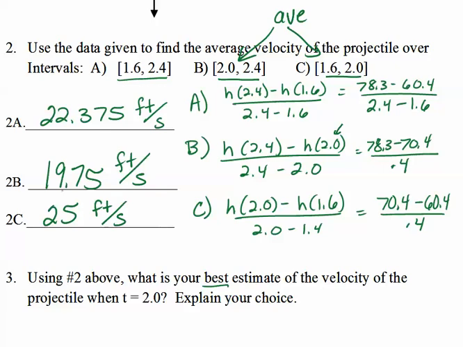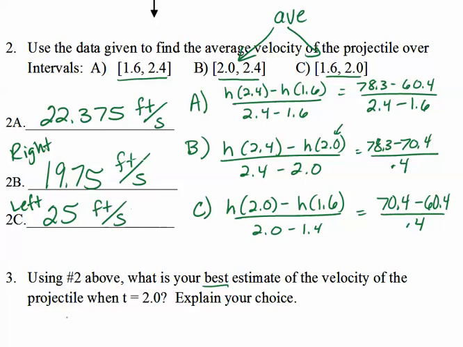So perhaps if you had done the interval to the left of 2 seconds in part B, this is the left interval. And if you had used the interval, oops, do I have those backwards? That's the interval to the right of 2 seconds, a little bit after, and this is the interval to the left, before 2 seconds. So would you choose one of those answers, or the answer that symmetrically surrounds them?